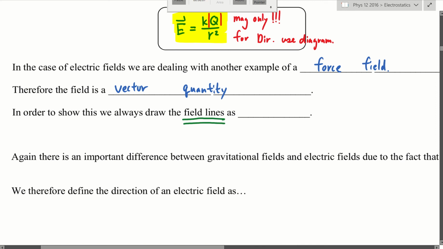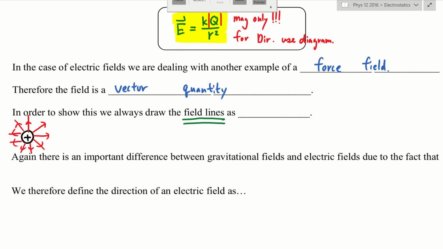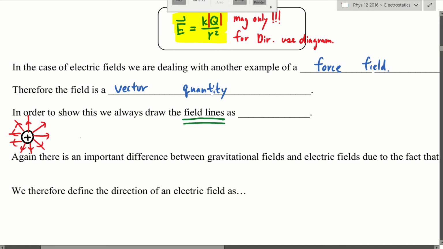So for example, if you have a positive charge, the electric field line looks something like this, going away from it. All the arrows are pointing away from the positive charge. So what does that line actually mean? This electric field line that you draw on the picture is actually a direction.